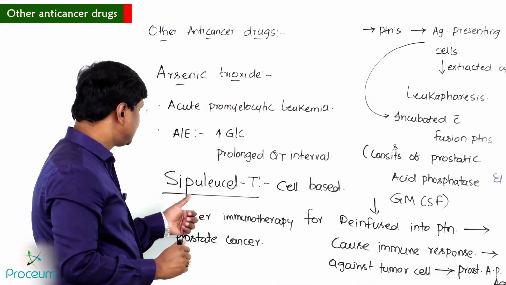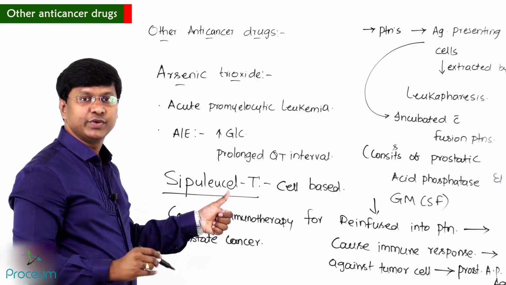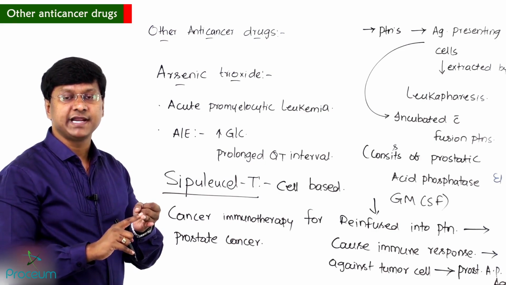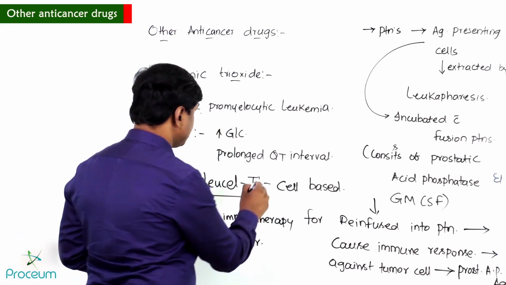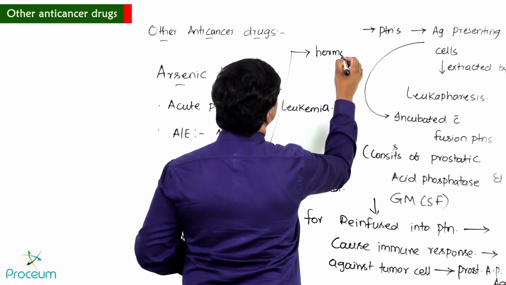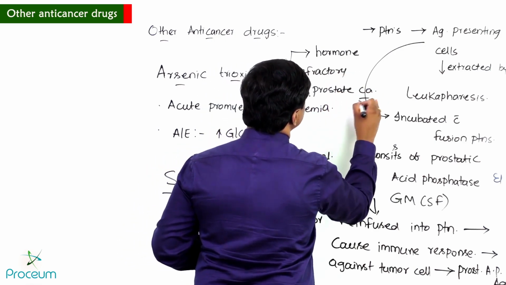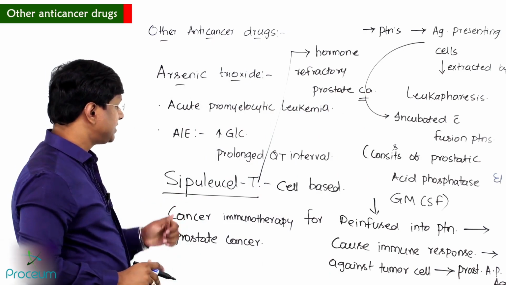Now remember, where is Sipuleucel used? It is approved for hormone refractory prostate carcinoma. All right, so this is about your Sipuleucel.